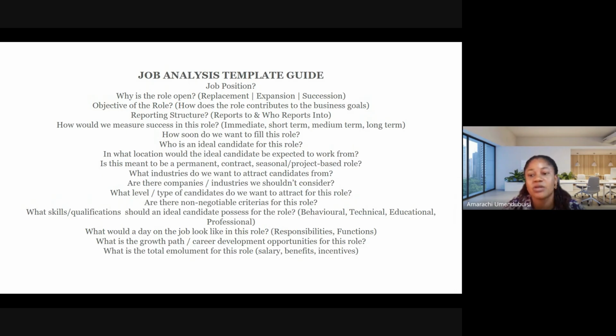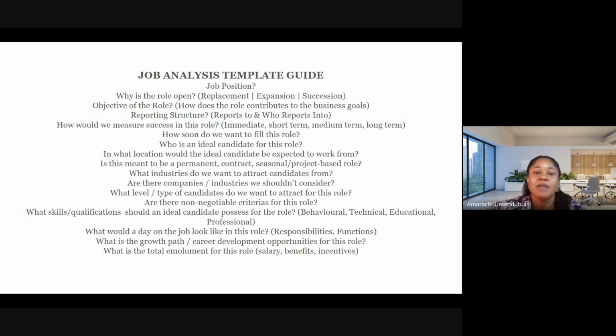So before you embark on a recruitment exercise, you must be able to know what the net salary for the role would look like, what the gross salary would look like, what are the benefits that come with the role. Benefits in cash, benefits in kind. You want to know what the deductions are that we apply to this salary. You want to know if there are incentives exclusive of the salary that this person would enjoy.